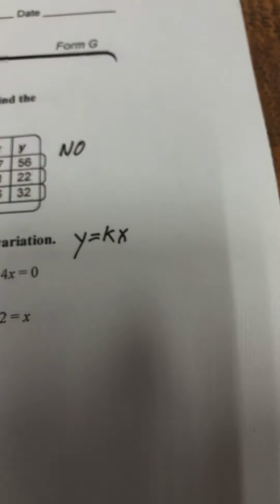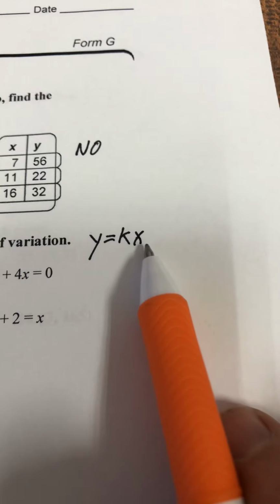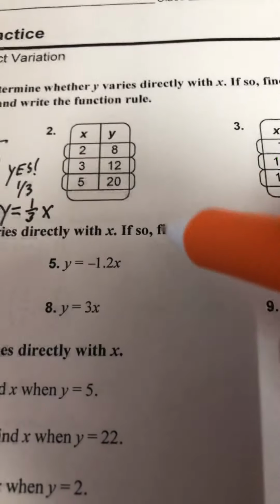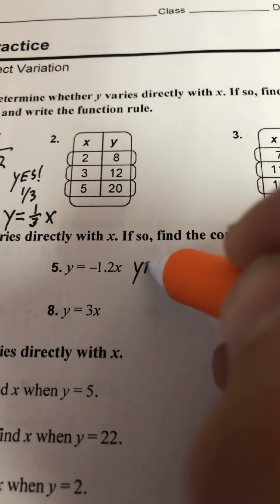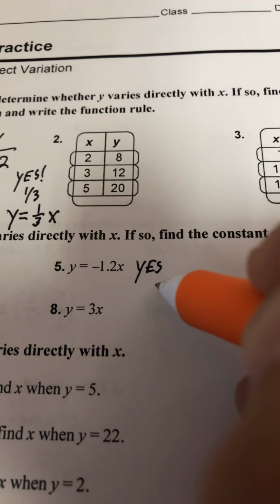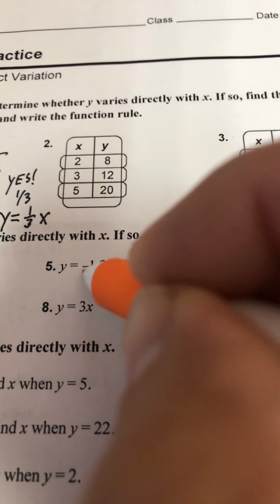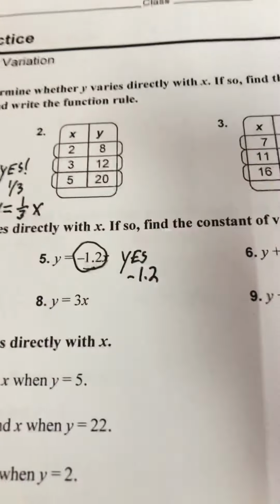We're looking at whether we can get y by itself on one side and have it look like this. So yes, this one does. For number 5, we have a yes, and the constant of variation is -1.2. That's our k, the constant of variation.